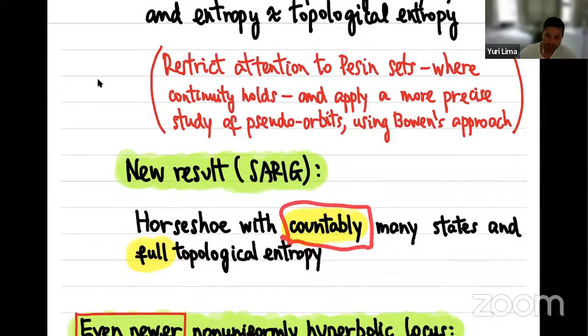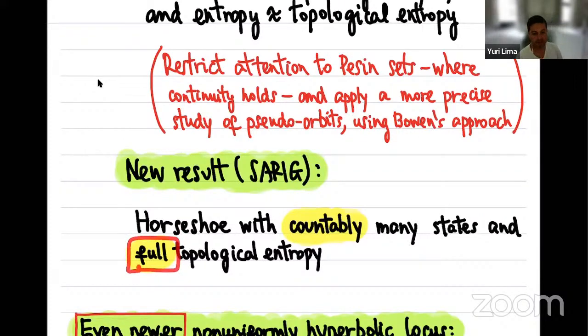So in some sense, it's a horseshoe with countably many legs, but it has full topological entropy. You relax the assumption on the number of symbols, passing from finite to countably many, but fortunately, under this relaxation, you are able to get the full topological entropy of the system.